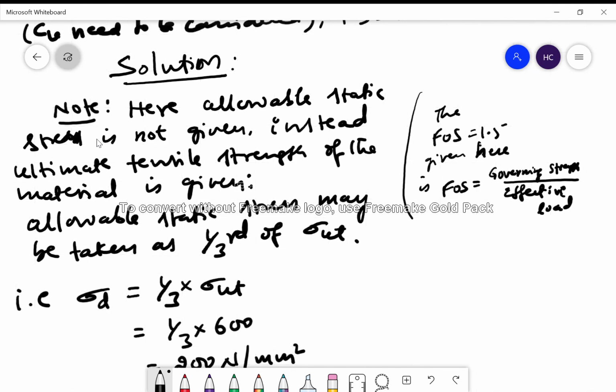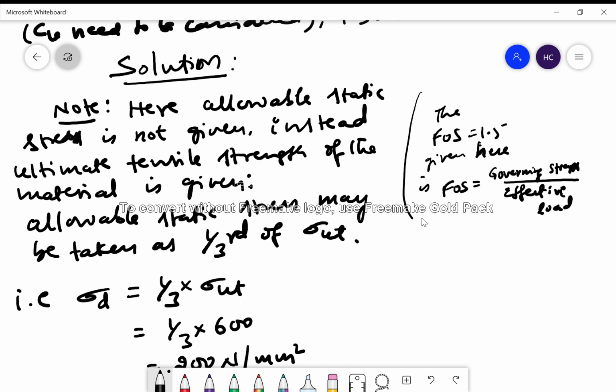So note here allowable static stress is not given. Instead, ultimate tensile strength of the material is given. Allowable static stress may be taken as 1/3 of ultimate tensile strength. Please note the factor of safety 1.5 given here is factor of safety FOS equal to governing strength divided by effective load or effective force.